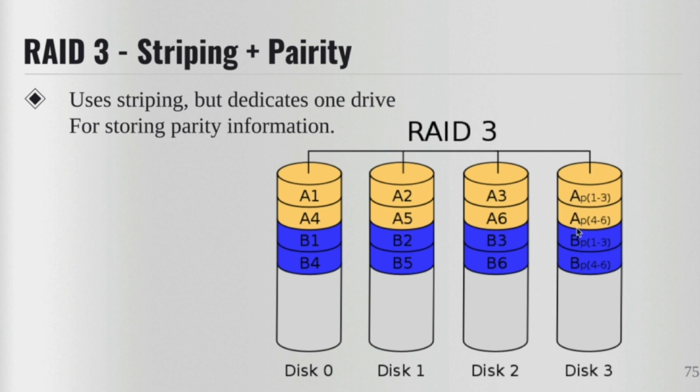However, there's an additional drive which is used to store the parity information, which means equality information. So information about A1 to A3 is stored over here, A4 to A6 is stored here, and then B1 to B3 is stored here, and B4 to B6 is stored here. Okay.